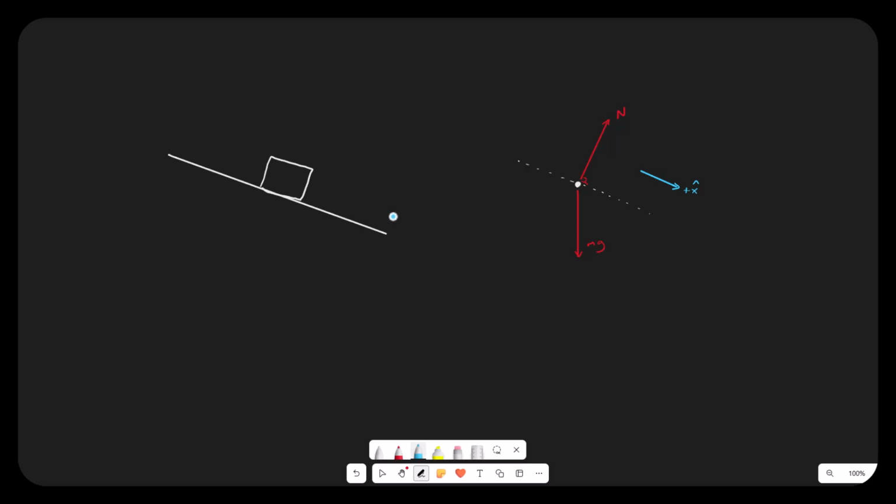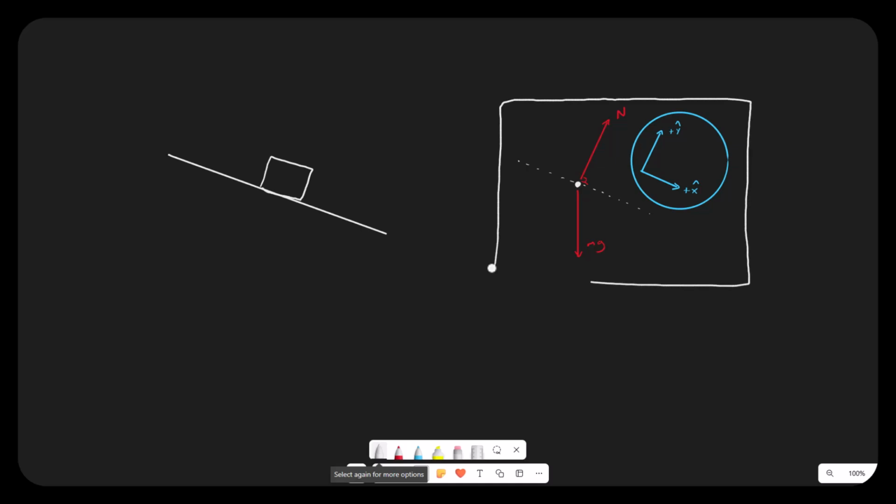That's a lot more work to solve mathematically. So I'm going to make my x-axis along the direction of motion, and then my y-axis is just perpendicular to that. And there is my free body diagram.